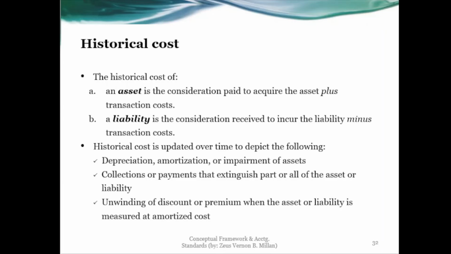So, of course, for instance, if you buy a machinery, the price of your machinery is not forever 500,000 if you bought it like 10 years ago, right? There is time value of money, inflation, and so on and so forth. So, you should update it.